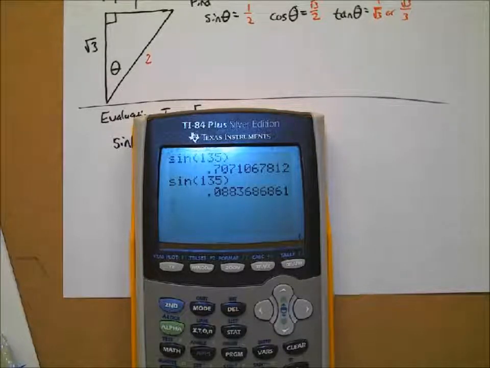Go ahead and type sine of 135 in your calculator, hit enter, and see what you get. Did anyone get 0.7071? Anna did? Anyone get 0.0883? Well, you can see I got 2 different answers typing the same thing in. Which one's right? They both are, in a sense, but one's in radians and one's in degrees.